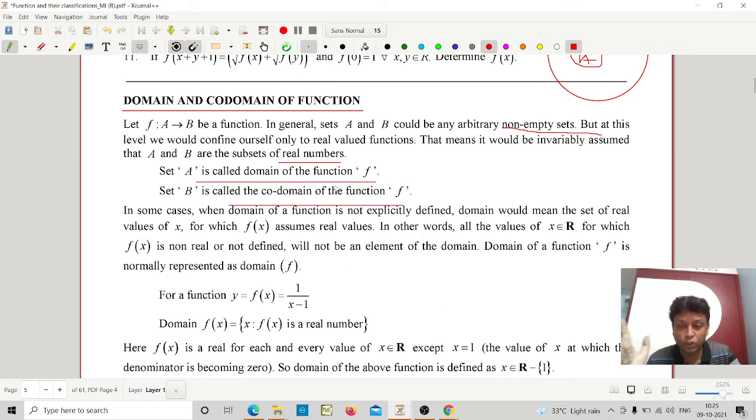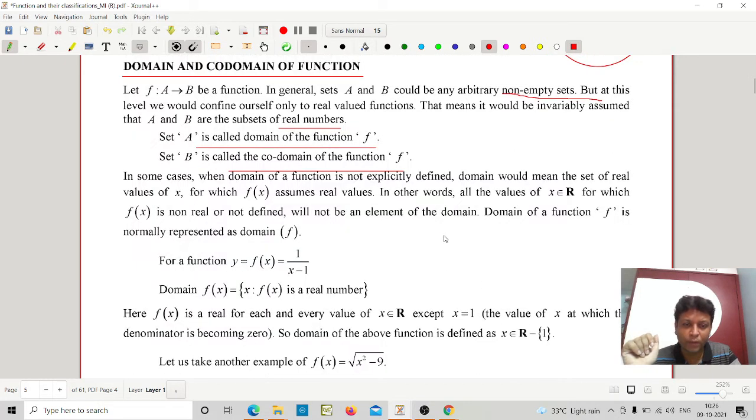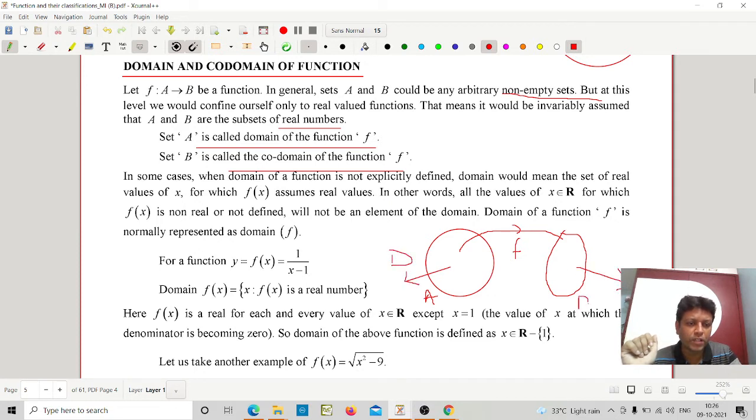These two are very important. Your mapping will be like this: this is your A and this is your B, input and output. So this is your domain and this is your codomain.